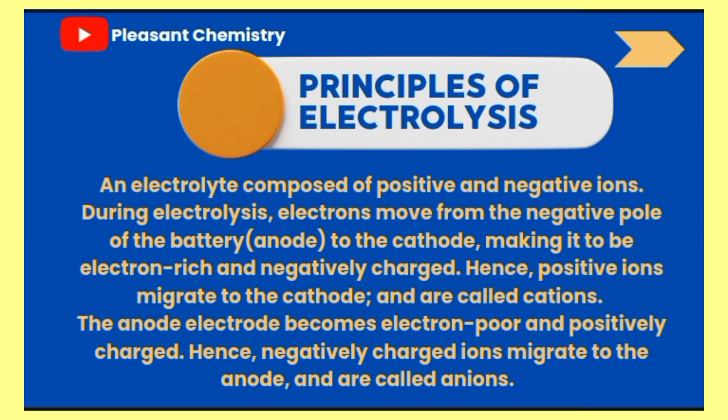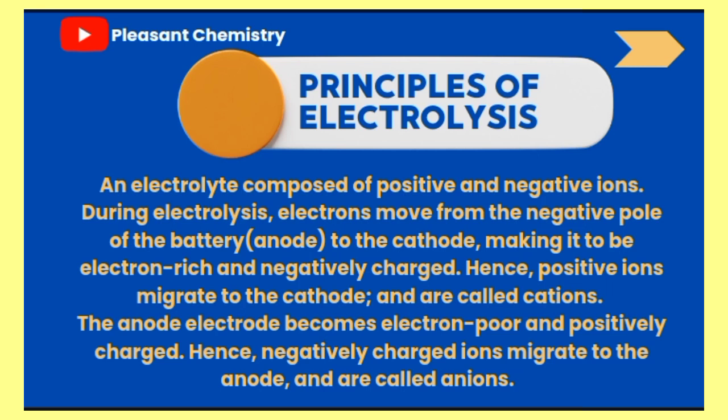So electrons move from the negative pole of the battery. So the negative pole of the battery is connected to the negative pole of the electrolytic cell, which is the cathode. So to the cathode of the electrolyte, making it electron rich and negatively charged.